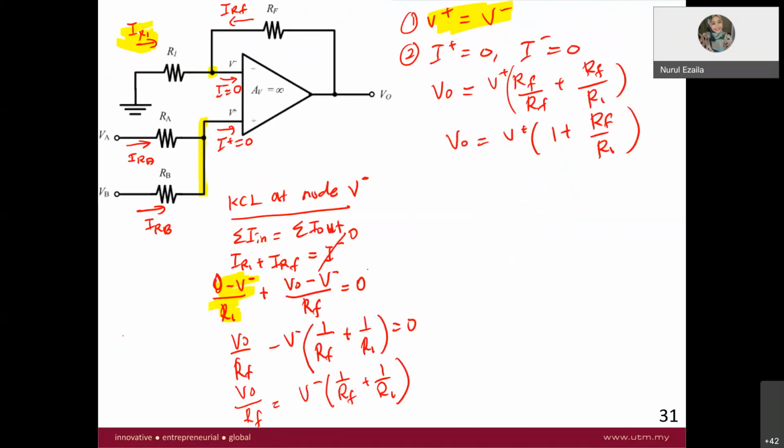Next is to apply KCL at node V plus. Sorry, just now we made KCL at node V minus. Now you have to make KCL at node V plus. Give me 5 seconds.